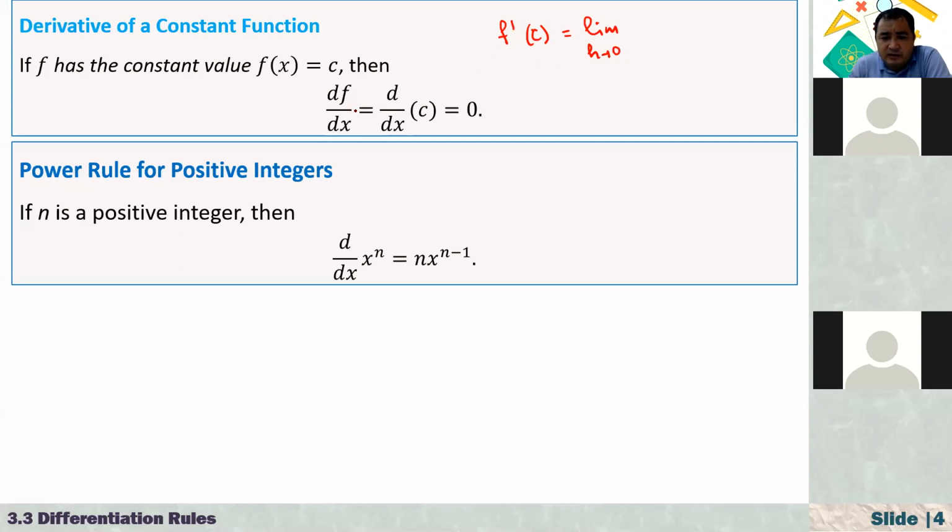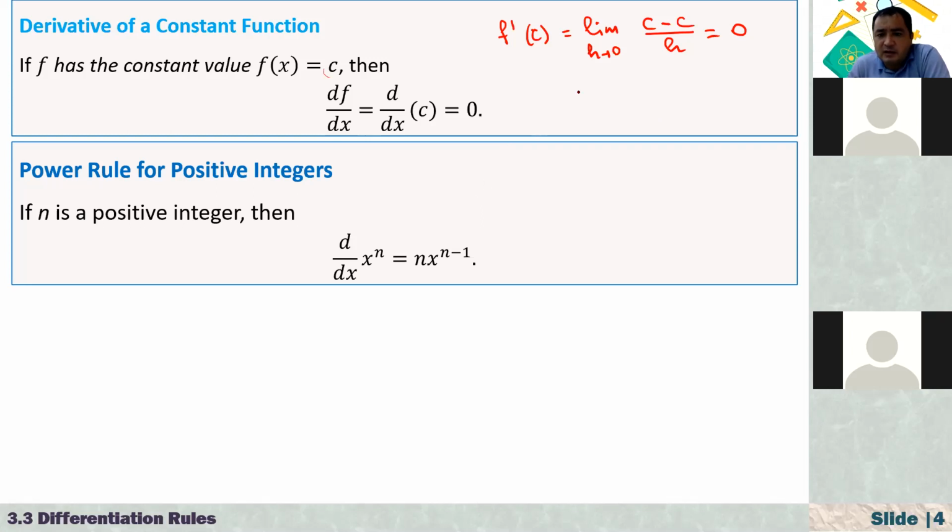The value of the function at c plus h is always the same, so here we have c minus c over h, that is equal to 0, because 0 over h is equal to 0. The limit of the zero function is equal to 0. That's why if you differentiate any constant function, its derivative is equal to 0, right?